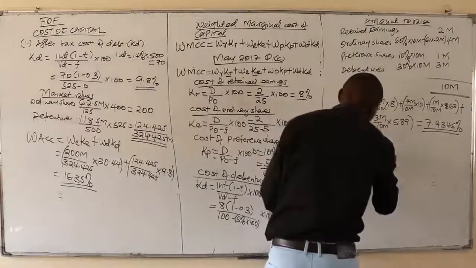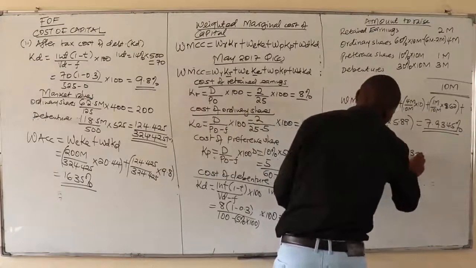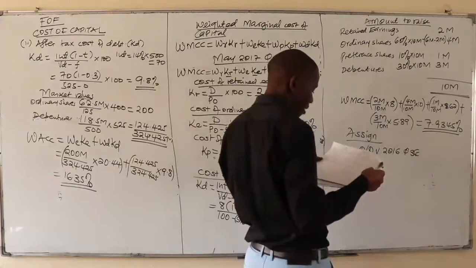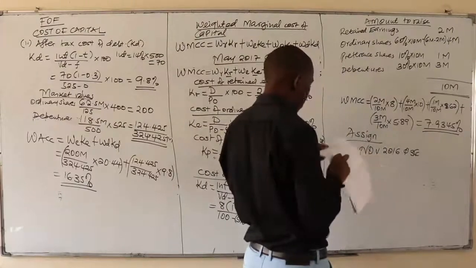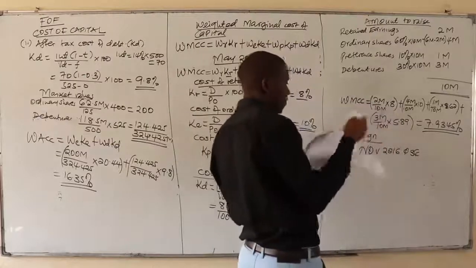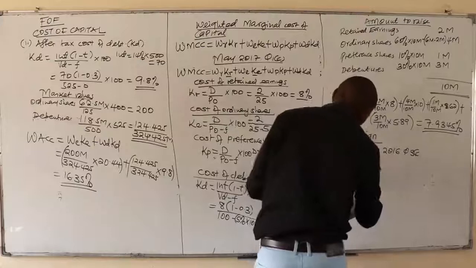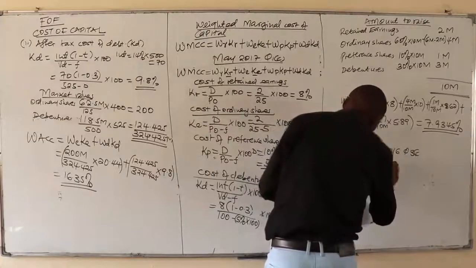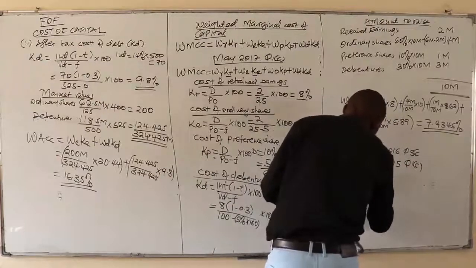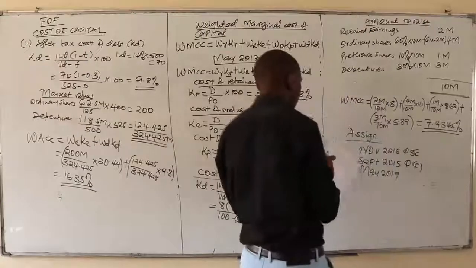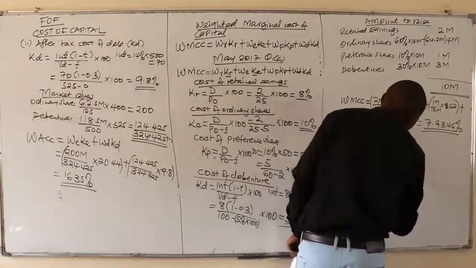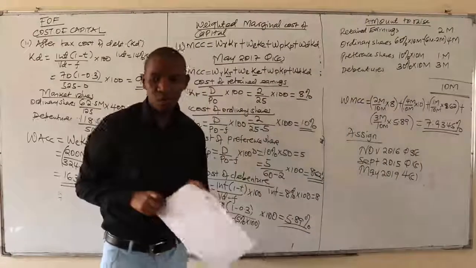Also do the other question, which is in the sitting of September 2015, question 1C, and May 2019, question number 4C. Those are the ones that you do as an assignment, and I will continue from there.